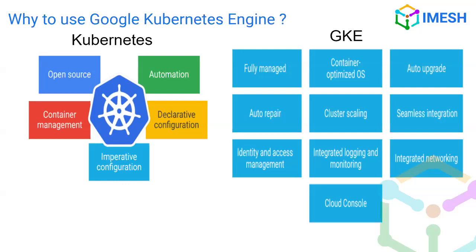It also has Google's Identity and Access Management, which allows control of access through accounts, permissions and role permissions. It also integrates with Cloud Logging and Cloud Monitoring. We can easily enable them with very simple configuration so that we can have logs and different metrics around the Kubernetes cluster. Similarly, GKE is integrated with Google Virtual Private Cloud to make use of Google Cloud's networking features as well.